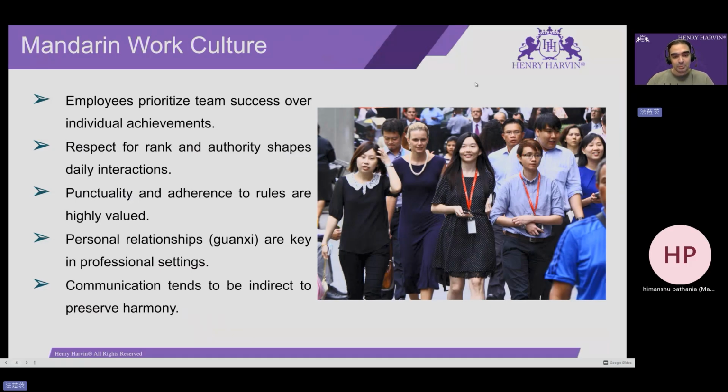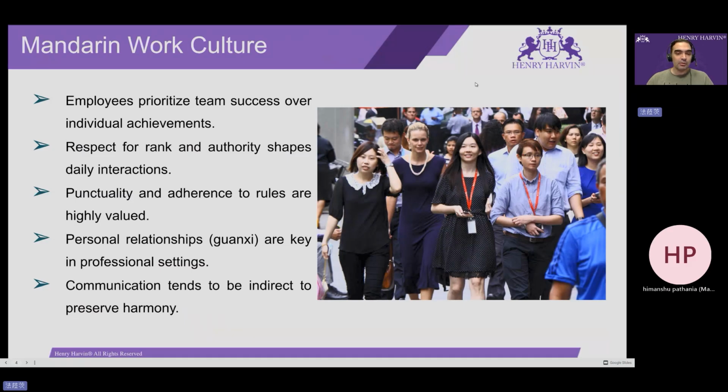So communication tends to be indirect to preserve harmony. When it comes to communication or general discussion, the approach tends to be indirect, so that they can preserve and maintain a harmonious environment within the working culture.